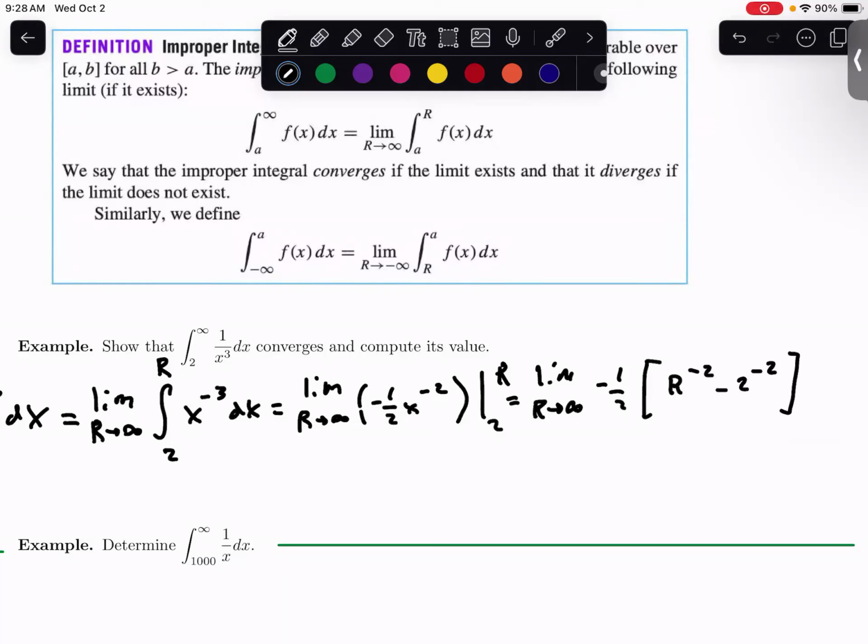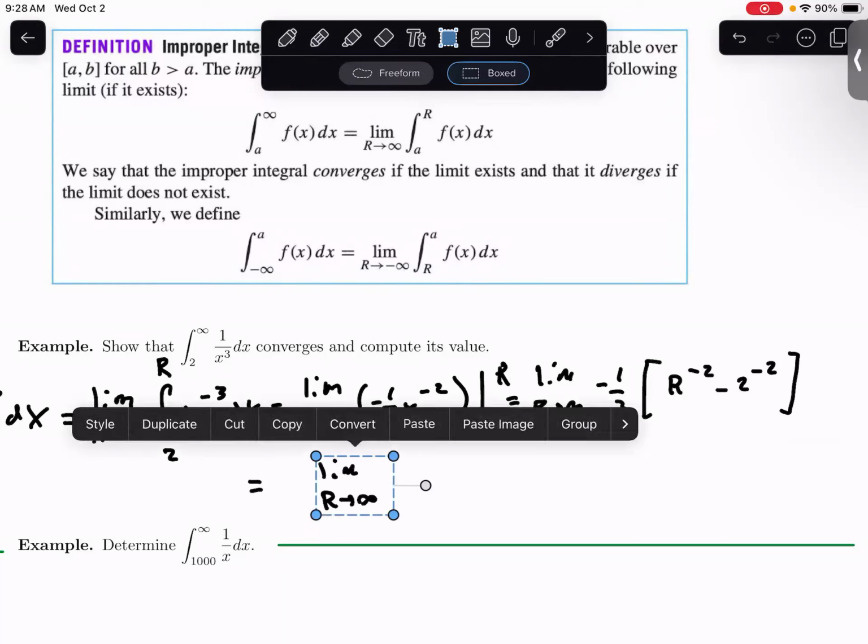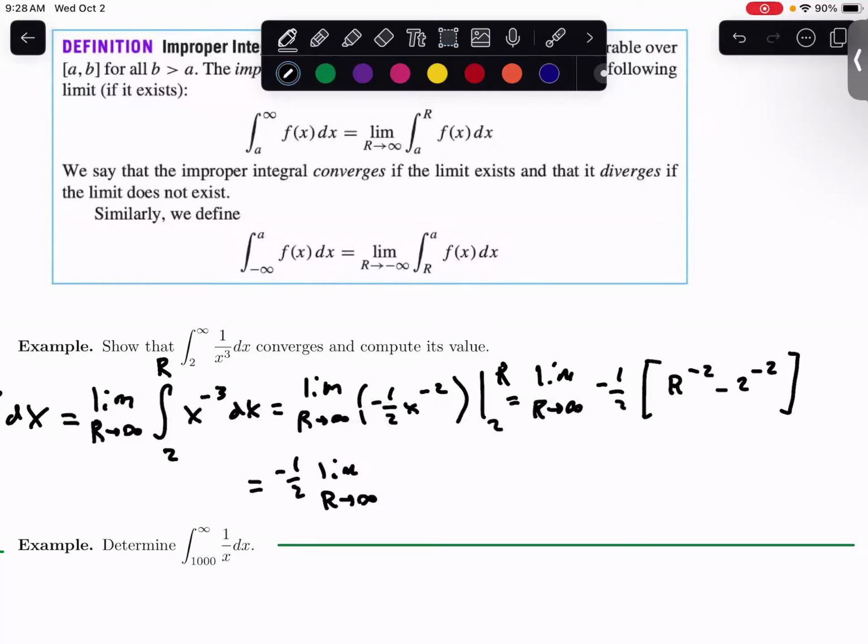And so you can write this as being equal to the limit as r goes to infinity. I'm going to move the minus 1/2 in front. So this is really minus 1/2 times this limit. Again, you can bring constants outside of the limit because it doesn't depend on r at all. So this is the limit as r goes to infinity of 1 over r squared, and then this is minus 1 over 4.